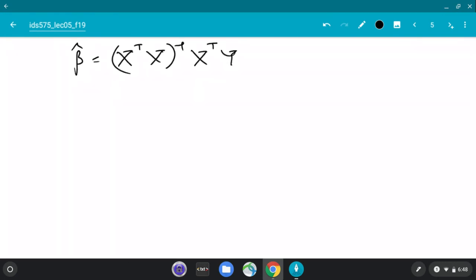So this can be n cross capital K, and beta is going to be the same y's that I drew in the previous slide. This is just the n-dimensional column vector, one for each one-hot encoded class. You can get all the betas for the K classes in one swoop. So it's like some sort of parallelization going on.